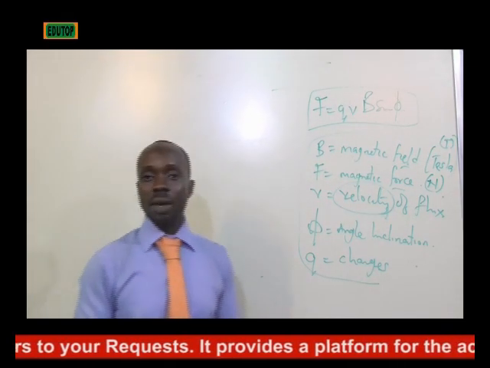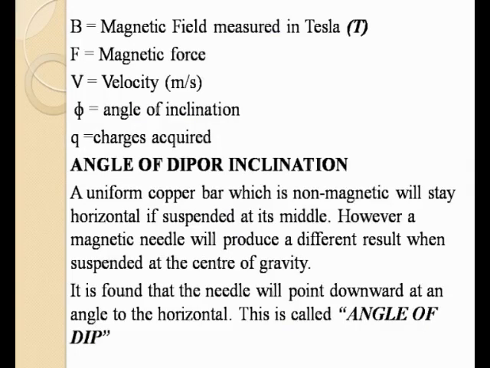Now let's start with a very good one, angle of dip or inclination. This particular question normally surfaces in WAEC. A uniform copper bar, which is non-magnetic, will stay horizontal if suspended at its middle.